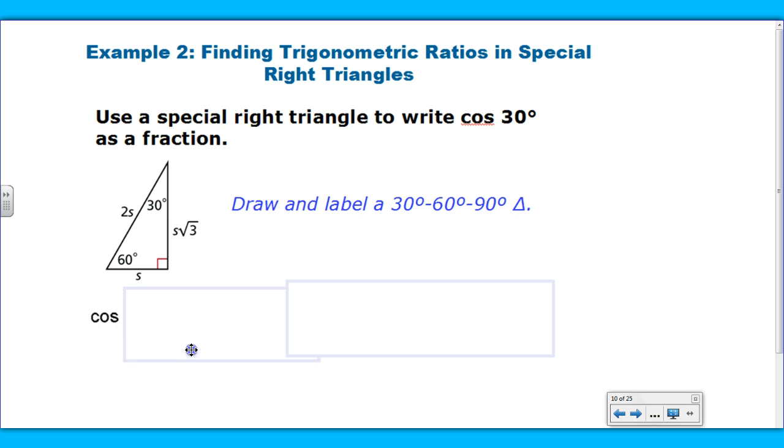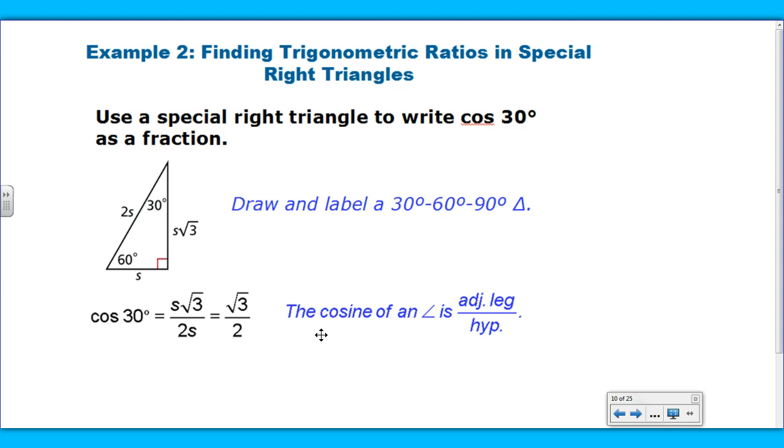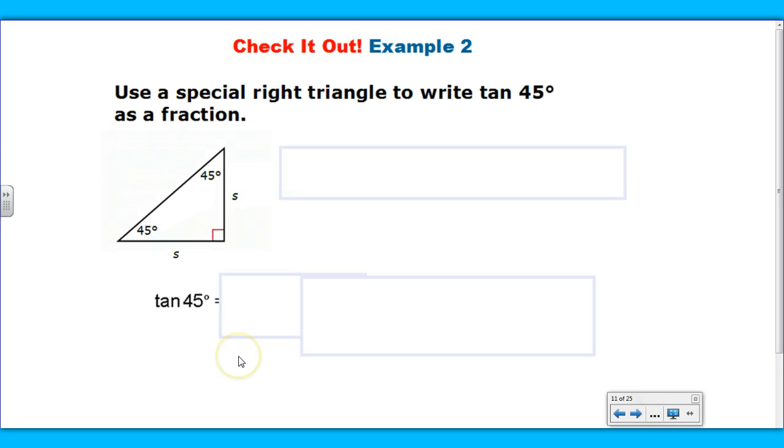So we can set up that ratio, adjacent over hypotenuse, and simplify, right? So we can see S over S is 1, so we're left with square root of 3 over 2. And we have the cosine of a 30-degree angle is square root of 3 over 2.